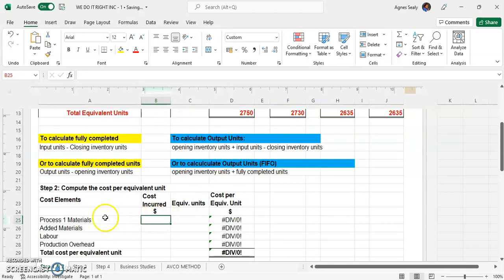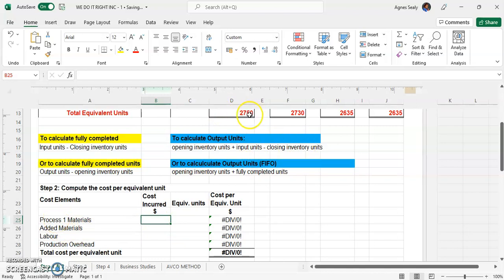Right, so in order to calculate our cost per equivalent unit, we need to know the cost incurred with respect to process 1 material, added material, labor, and production overhead. And we also need to know the total equivalent units for each of these cost elements.